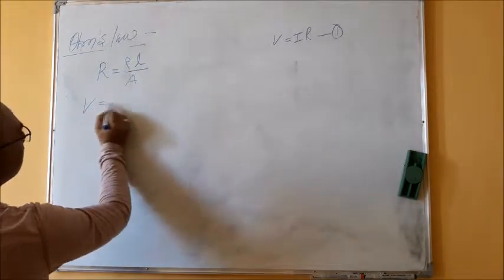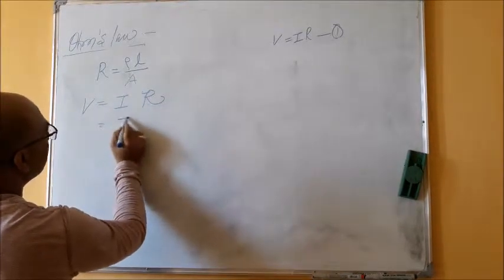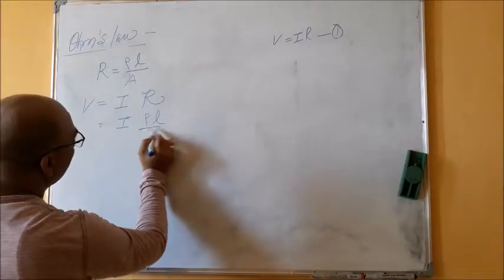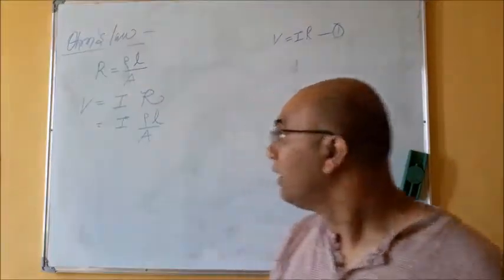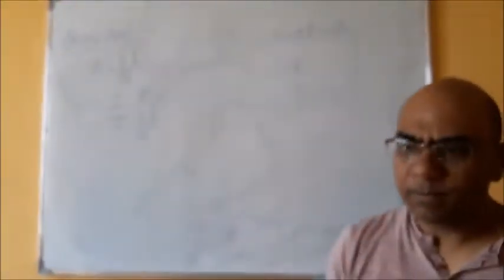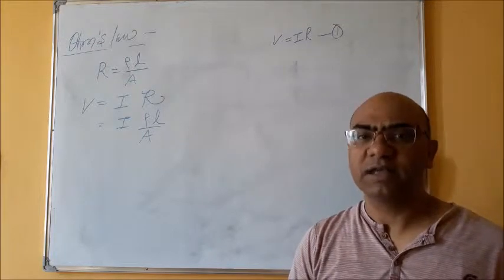So what is the value of V? IR. So when you put here I rho L upon A, right? In my previous video, I discussed the concept of current density.